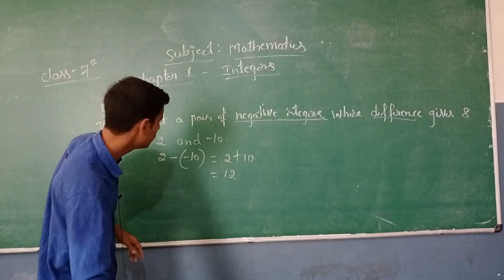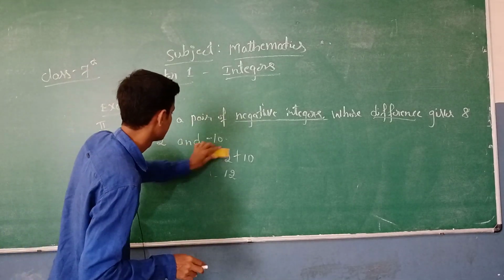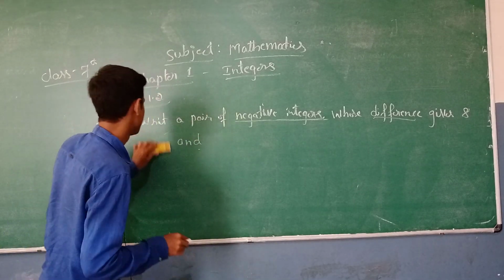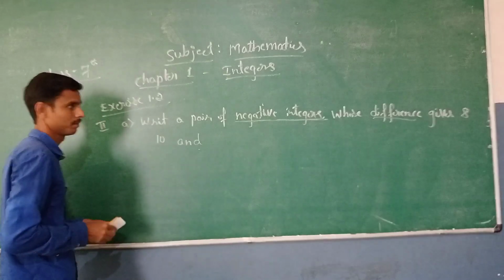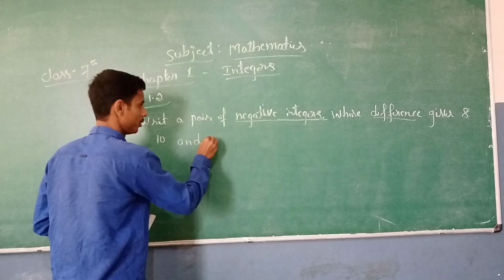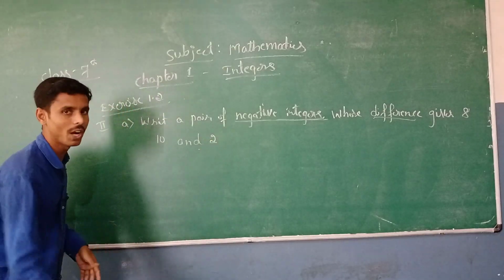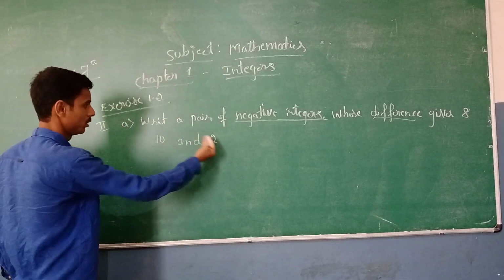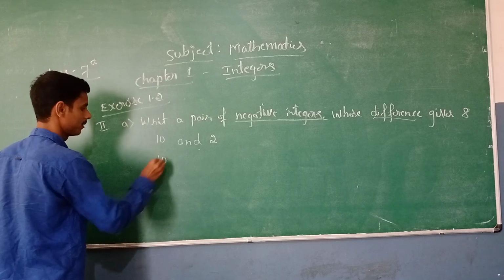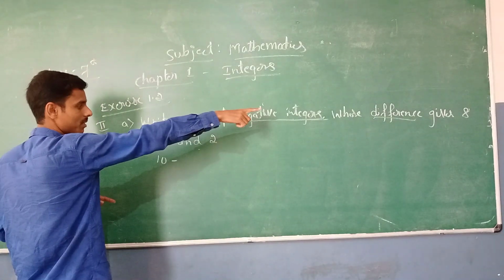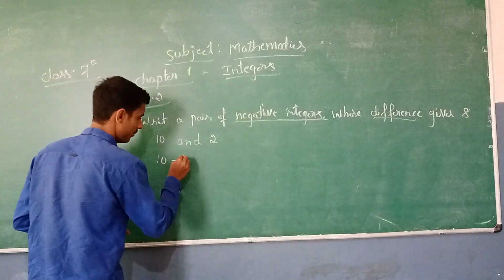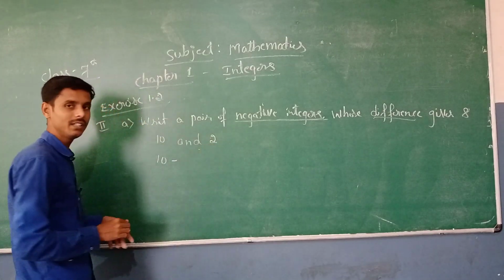Then what do we have to do? If I write 10 here and 2 here, let's see. 10, difference means minus, 2. Can we write 10 and 2 here?